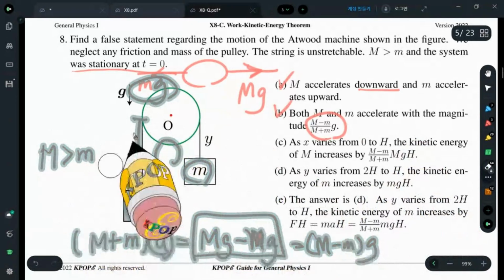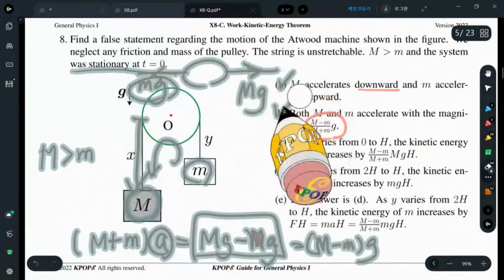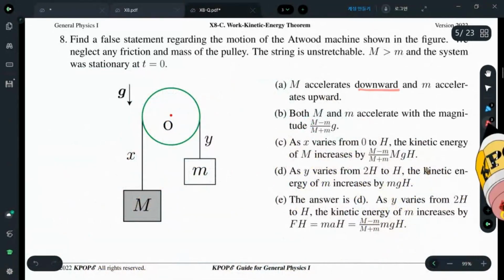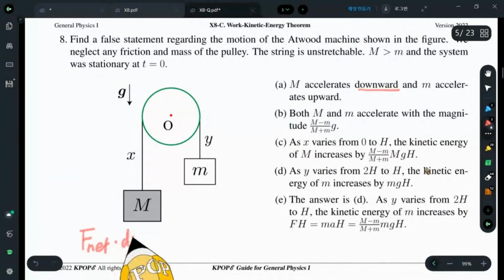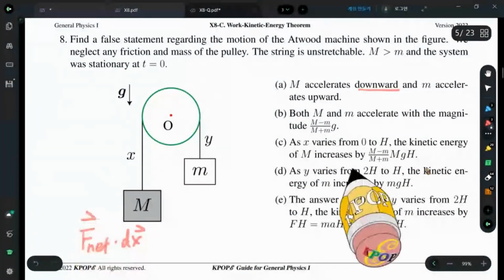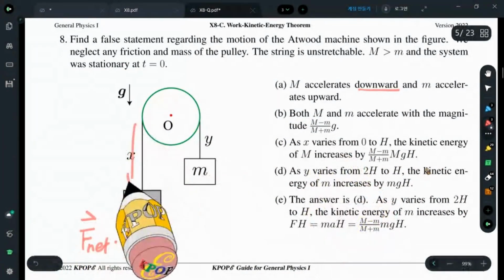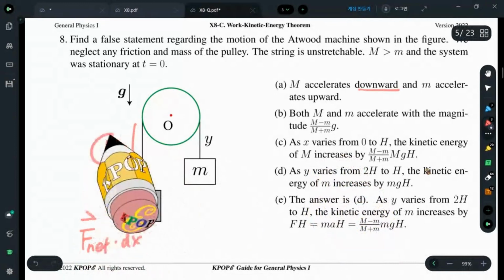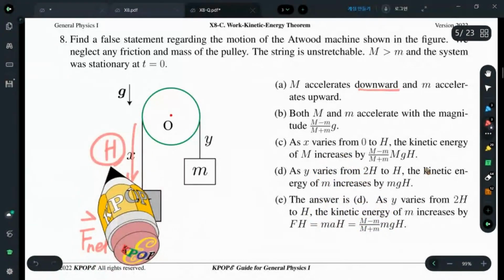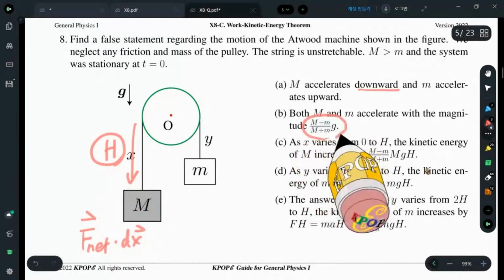The work kinetic energy theorem states that the kinetic energy change is due to the net force times displacement, right? So from here to there, we have displacement h, and we know the acceleration.